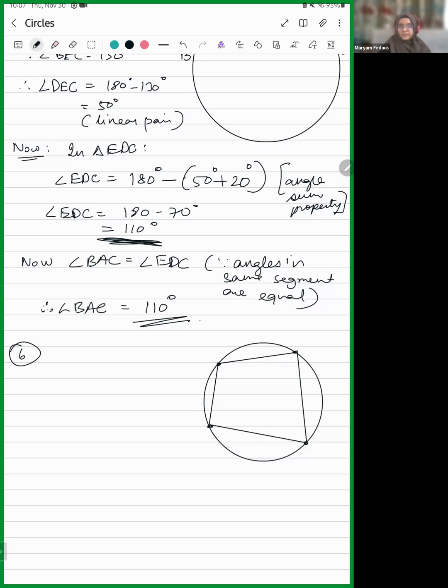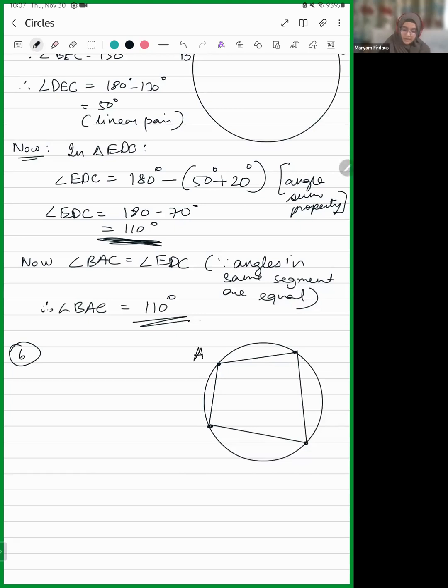A, B, C, D. The figure is not given in the question, but we need to read the question step by step, and as we read each piece of information, we need to translate that into geometry, into a diagram.